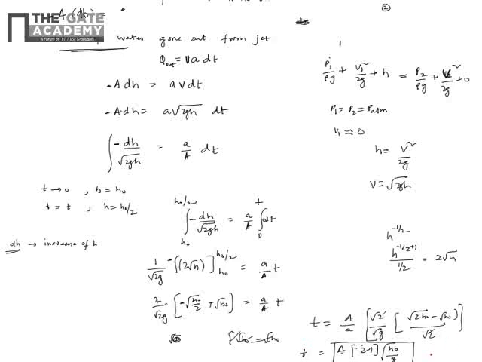So this is the basic procedure. At a time t, imagine the height is h. In time dt, the decrease is dh. So minus A dh is the decrease in volume, and the volume of water that has gone out is a V dt.